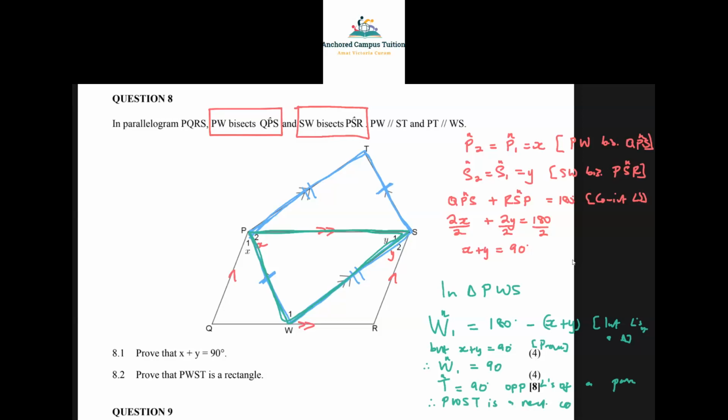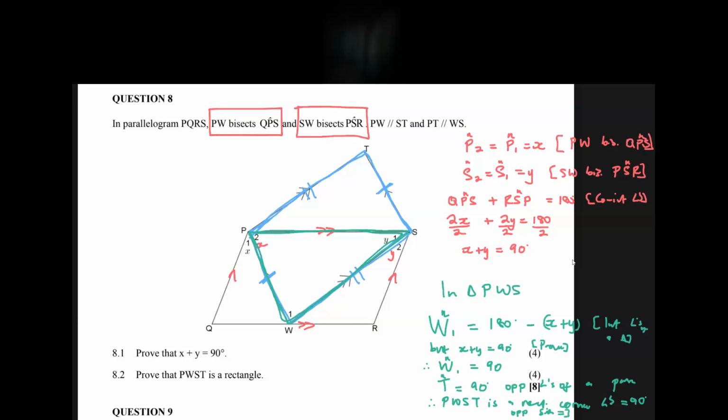Corner angles equal to 90 degrees, and opposite sides are equal. That's that.